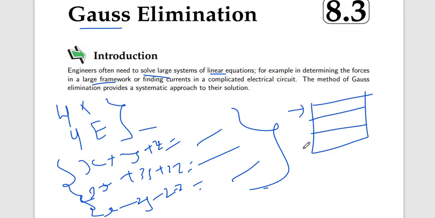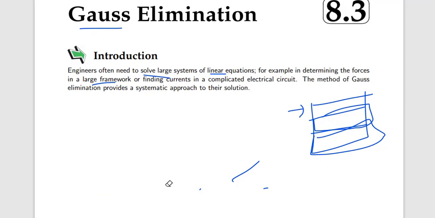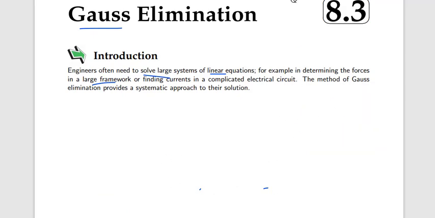So this is a large network, and if we want to solve for the total force, how much wind force, how much dead load on the first floor, second floor and third floor, then we apply Gaussian elimination to solve this large system of linear equations.